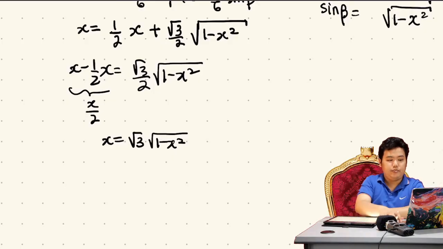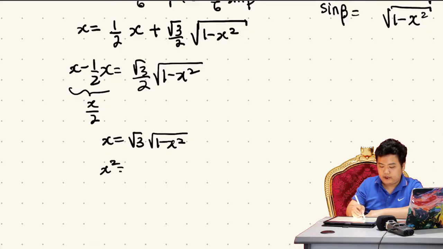Para ma-tsugi yung radical sign, we have to take the square of both sides. Square both sides, x squared is equal to 3 times 1 minus x squared. So x squared is 3 minus 3x squared.